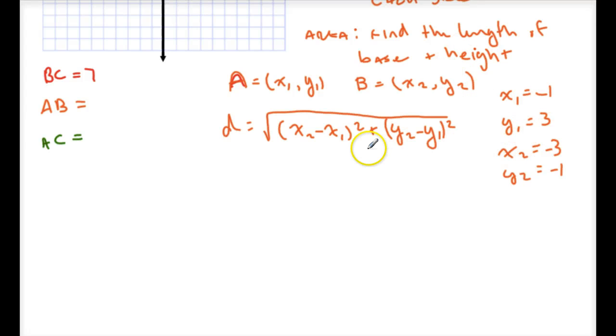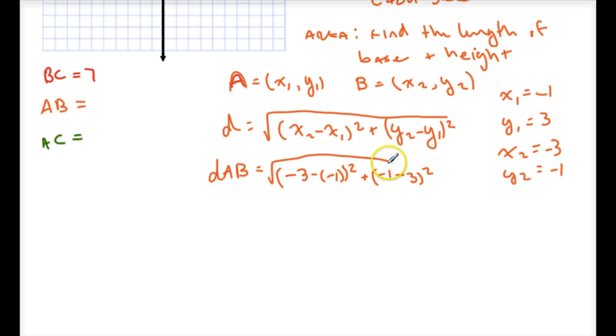I've labeled A and B, my x1, y1, and x2, y2. Now plug them into the distance formula to figure out the distance between A and B. To clarify that we're finding the distance between A and B, we can write it like this. Let's plug this in: x2 is -3 minus x1, which is -1, plus y2, which is -1, minus y1, which is 3. Let's simplify this.